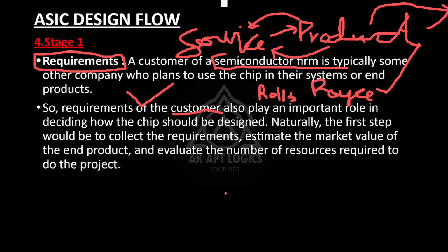Naturally, the first step is to collect the requirements, based on the previous generations' things, and estimate the market value. For example, the iPhone has so much price, right? Every generation the iPhone changes, right?